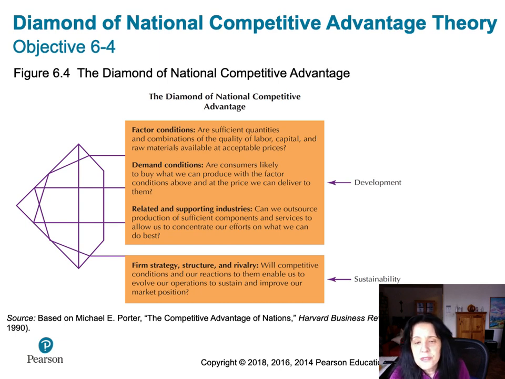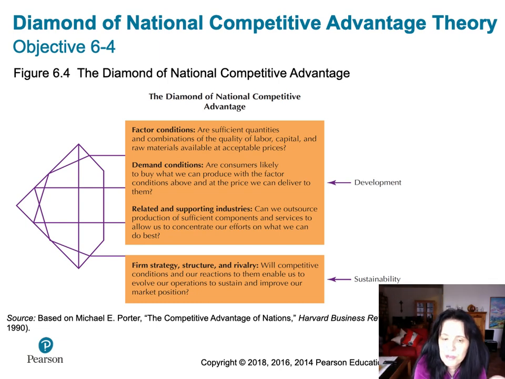And then demand conditions should be necessary, right? Demand conditions pertain to the question, are consumers likely to buy what we can produce with the factor conditions above and at the price we can deliver to them? So it's all about the sufficiency of the demand conditions, meaning the consumer demand in the economy.